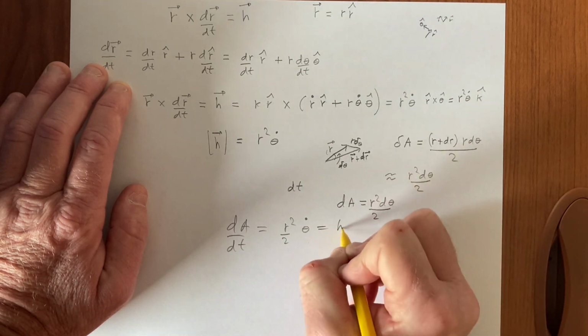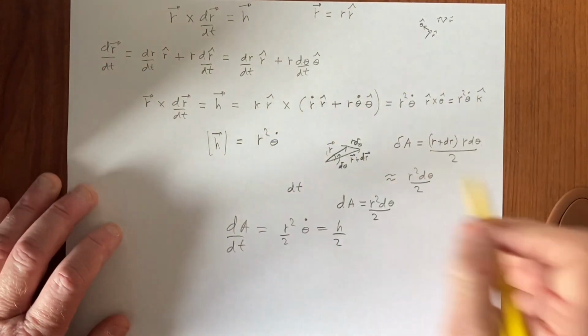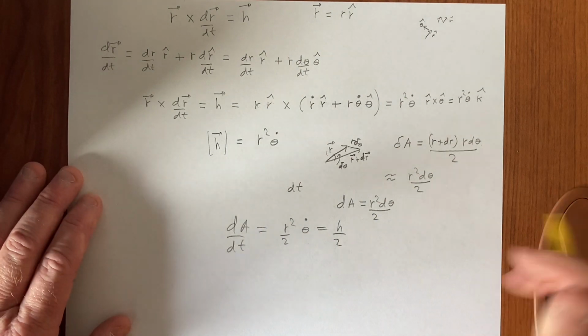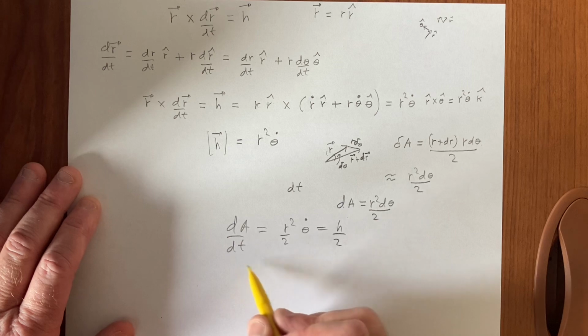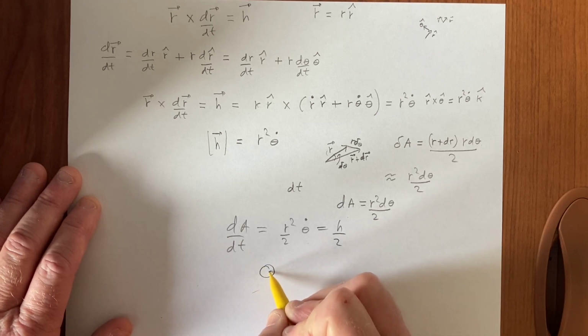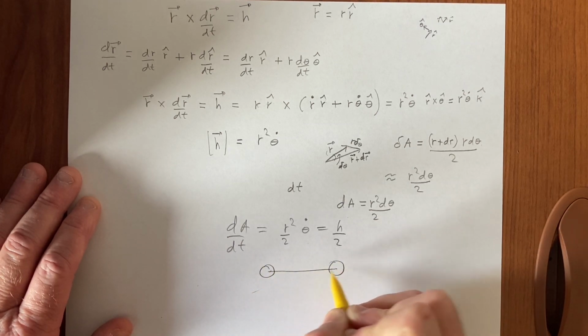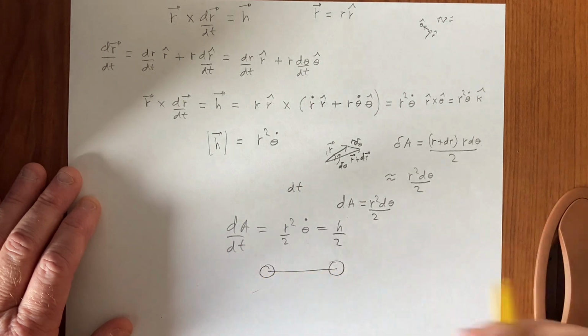So that's really h over 2 in terms of the magnitude. So the rate at which the area changes is constant, and this comes from the fact that we have a force that is along this line.